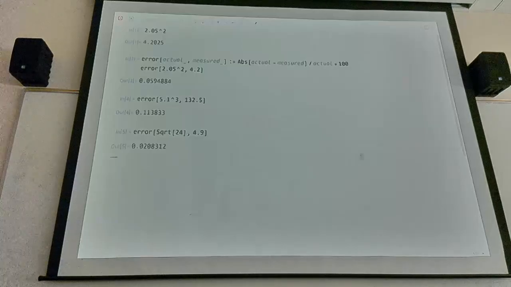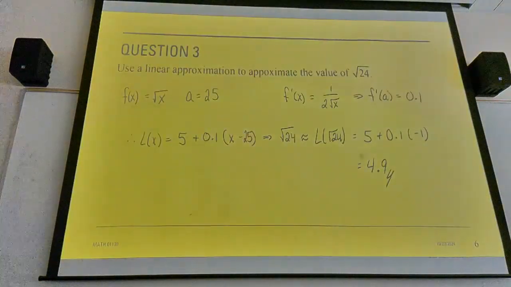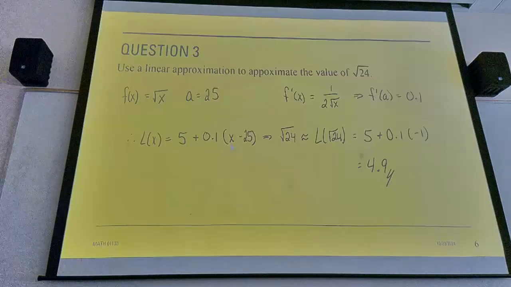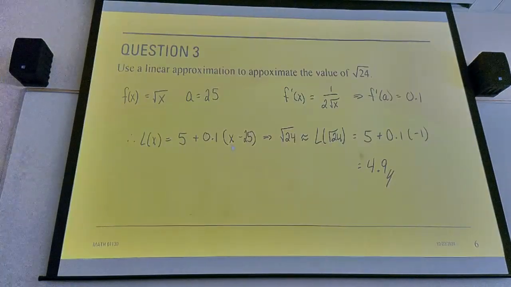It's actually not terrible at all, 0.02%. How'd you get negative 1? Our x is 24, so 24 minus 25.